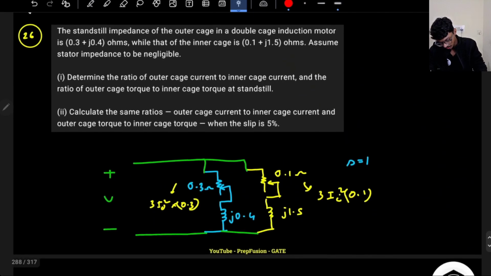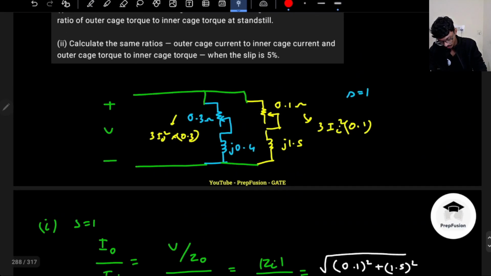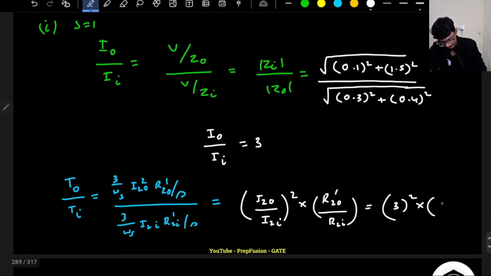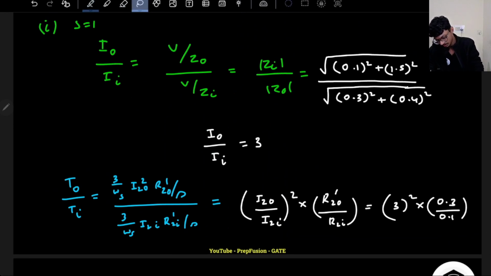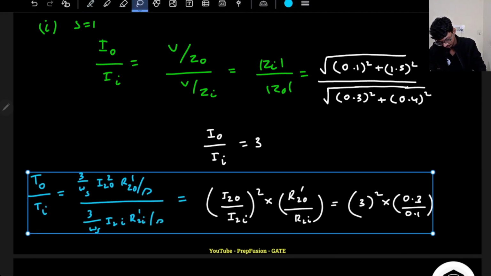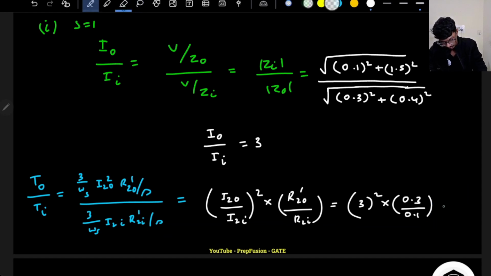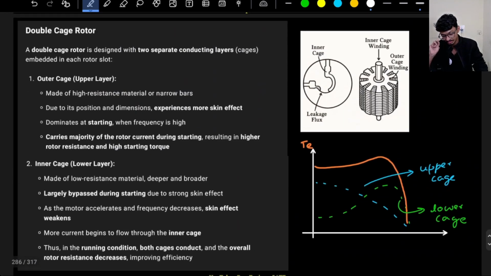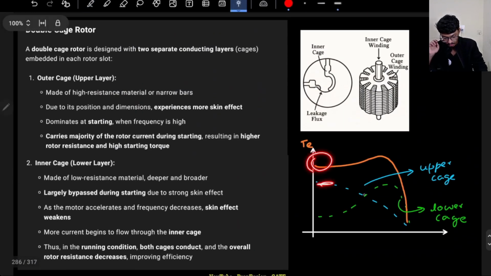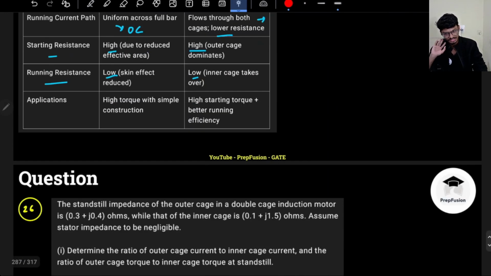R2O, the outer resistance, is 0.3, R2I is 0.1, so it is 3 divided by 0.1. So it will be 27. So I will get 27 times the torque. The torque produced by the outer cage will be 27 times the inner cage. That's why you see in the graph, the torque produced by the outer cage is very high compared to the inner cage during starting. Upper cage or outer cage, whatever you want to say, same thing only.